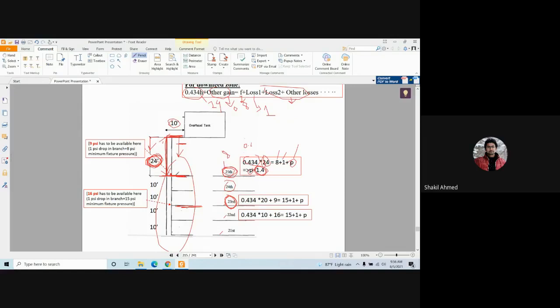Your available pressure here is, requirement was 8, and we provided +1 for pressure drop provision in the branches. So here we have only 9 psi available.